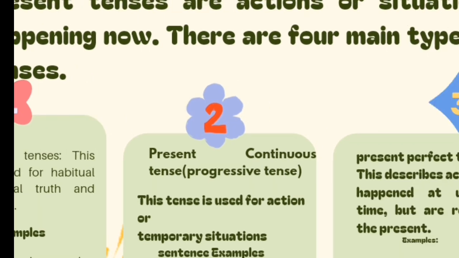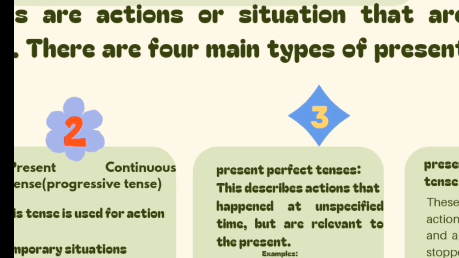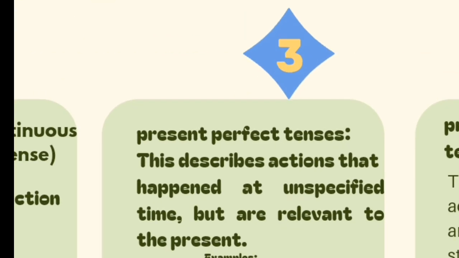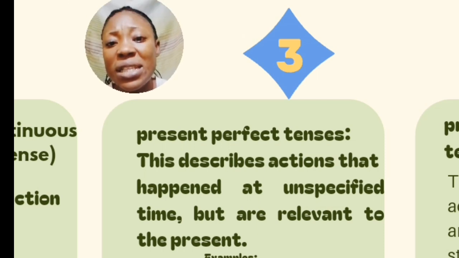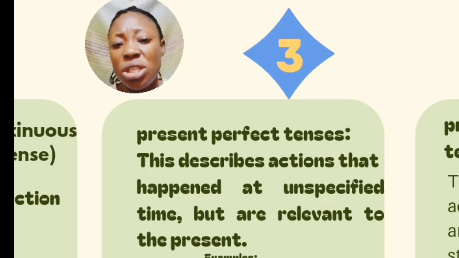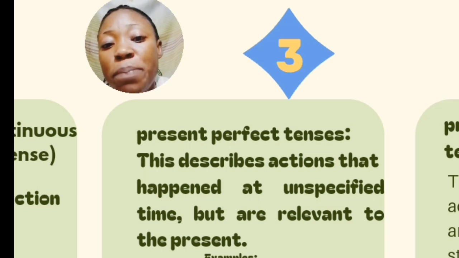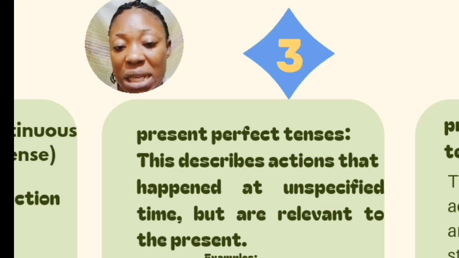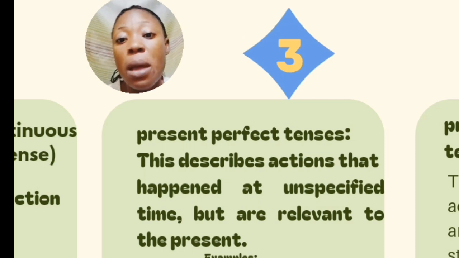Beautiful. Now the next one, the third kind of present tense is the present perfect tense. Now we'll talk about the present perfect tense. This describes actions that happened at an unspecific time but are relevant to the present. It happened at an unspecific time, but it is very relevant.